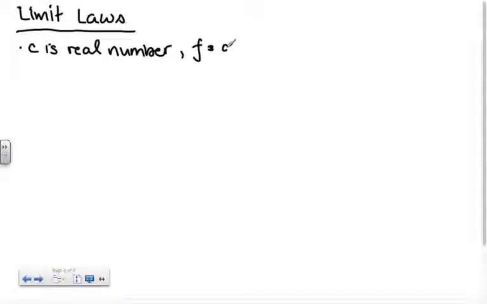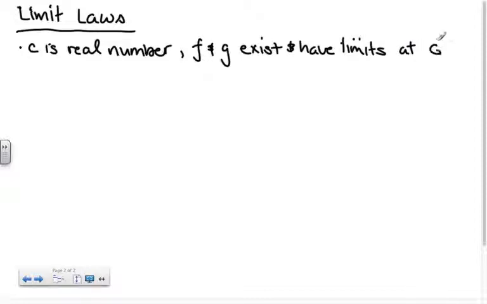F and G exist. And F and G have limits at C. So these are our suppositions. So when we assume these things, the following are true.